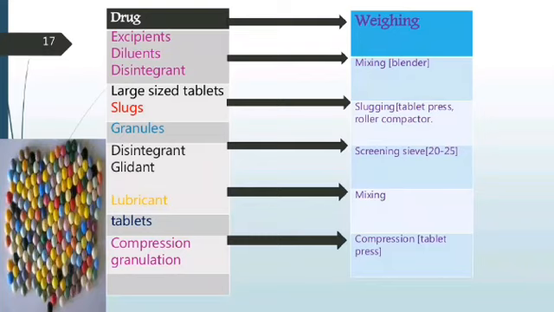These are the various steps involved: mixing, slugging, sieving, compression. You can see the drug is weighed, then the excipient, diluent, disintegrant, etc. are mixed or blended. Then it is made into slugs, that means large tablet-like structures, especially run in roller compactors.